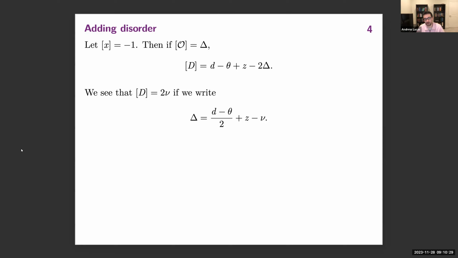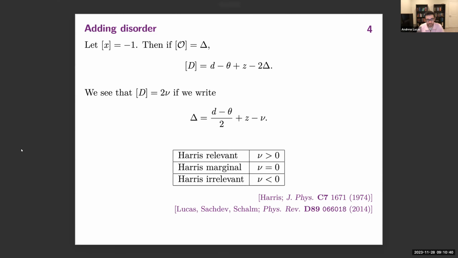And that's where things might be the most interesting from a field theory perspective. We might expect the most interesting kind of flows and fixed points and so on. And indeed, we will say that if nu equals 0, so if we choose the operator dimension just right, the disorder is Harris marginal, when this disorder strength is dimensionless. The disorder is Harris relevant if nu is positive and irrelevant if it's negative.